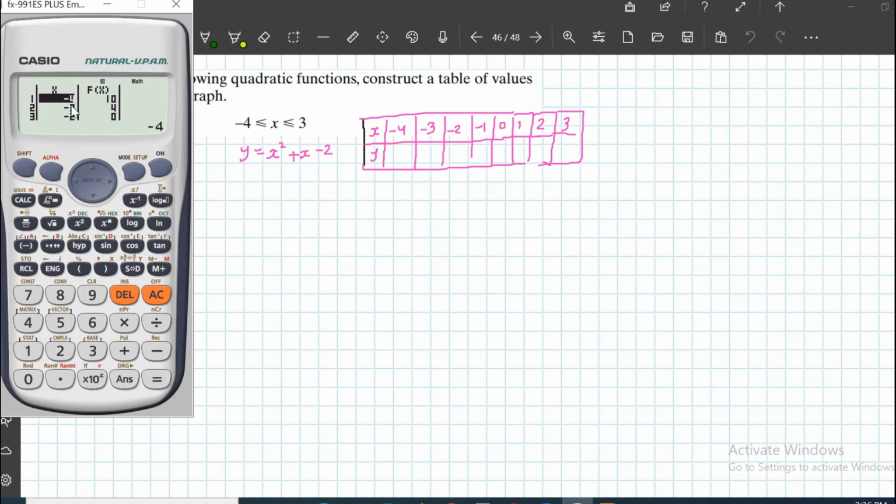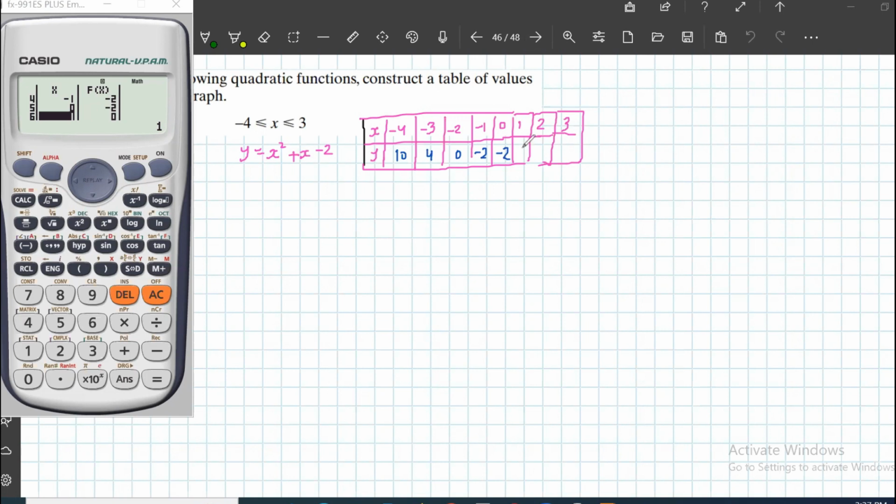Here you will find all the answers. At minus 4 the answer is 10. At minus 3 it is 4. At minus 2 it is 0. And the same way you can check the rest of the values. At minus 1 it is minus 2. At 0 it is minus 2.